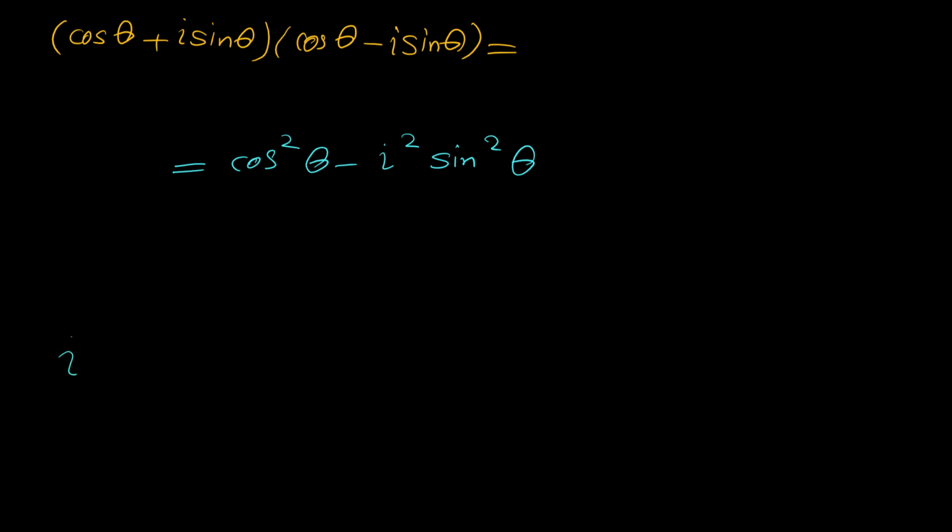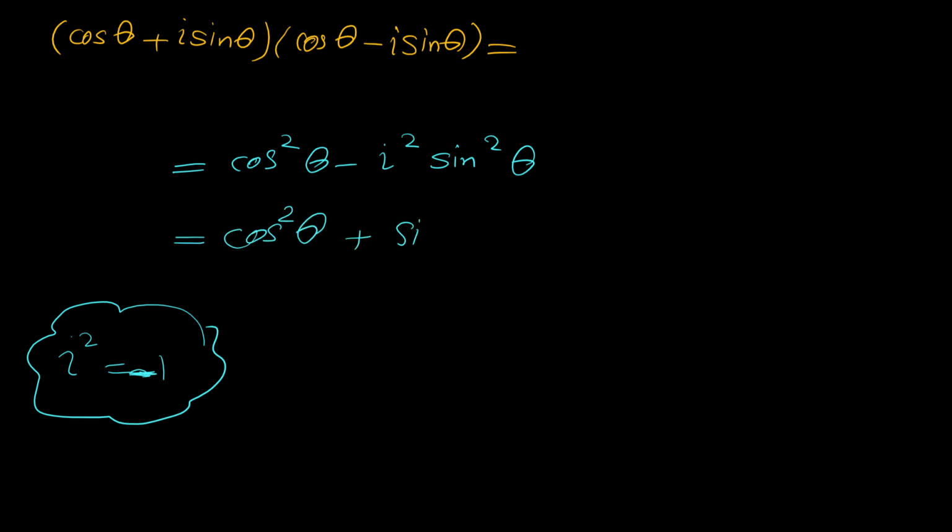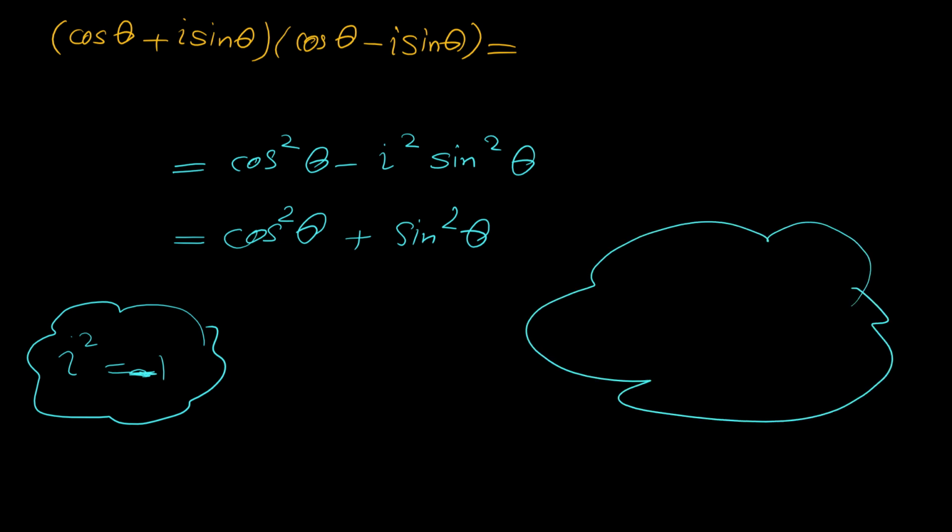But we know that I squared is negative 1. So this equals cosine squared plus sine squared. But we remember from trigonometry that sine squared plus cosine squared is always 1, so this equals 1. This is the answer to this question.